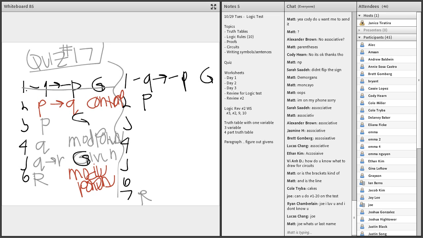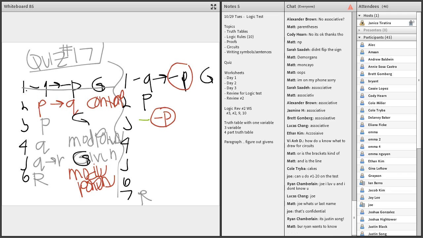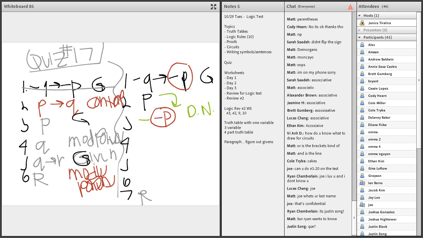Now here's the thing: this given is not literally the opposite of what I highlighted in red. So right here, that's highlighted in red, I have to negate that as well. So how in the world did I get that from step 2 to 3? That's called double negation. I'm going to write DN for double negation, okay?